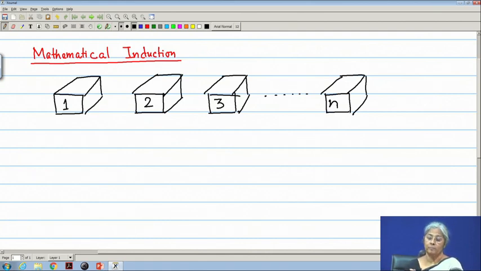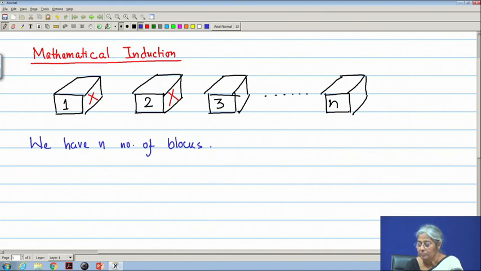So we have n number of blocks, and some of the blocks here are marked x.